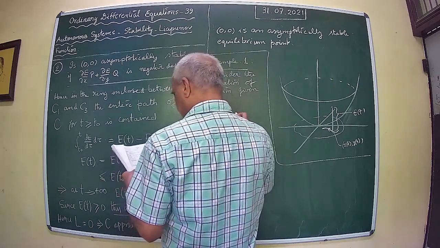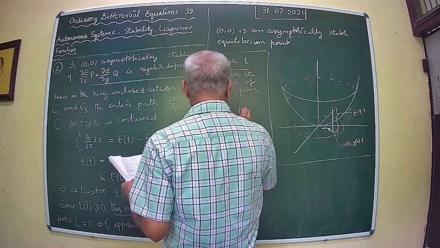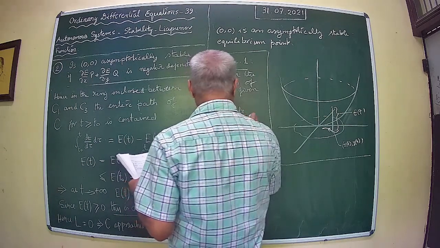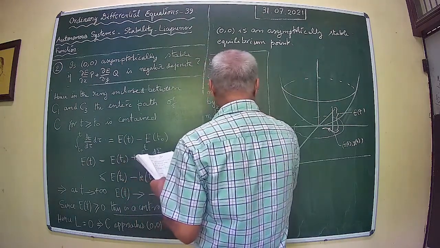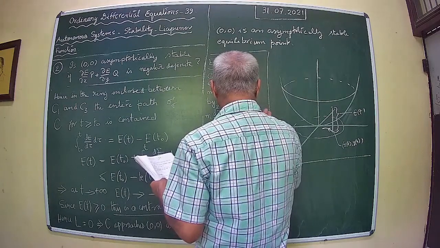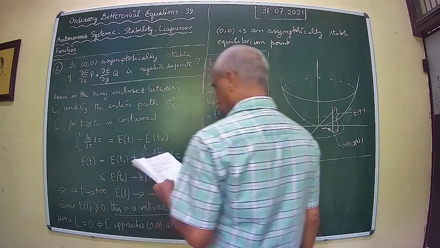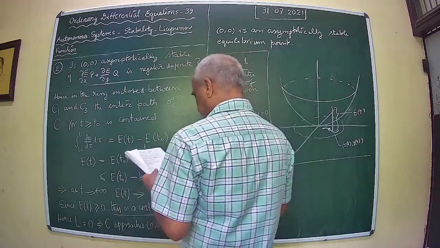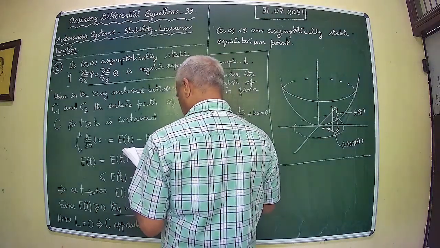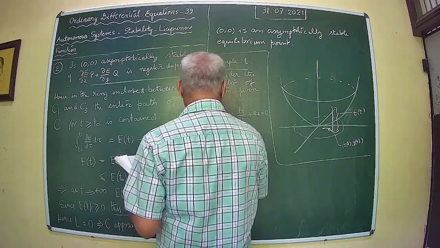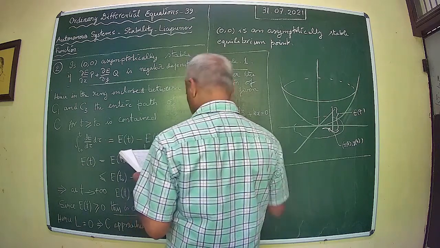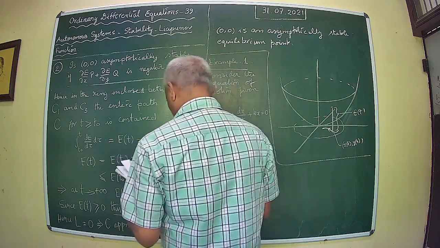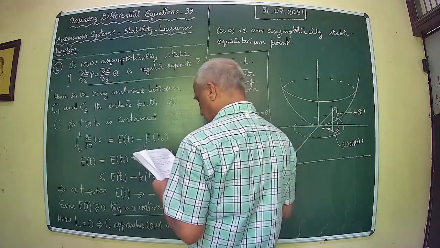This we have considered earlier. We assume c is a constant representing the viscosity of the medium.